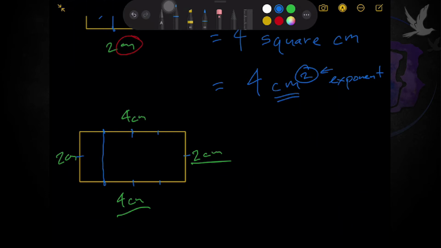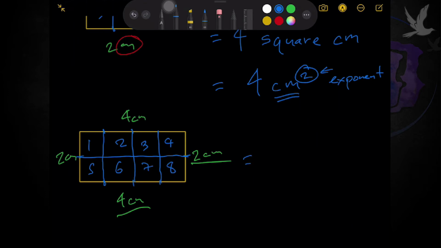Again, you are not supposed to do this. Okay, you're not supposed to do this. This is just an illustration to show you. Okay, kasi there really is a proper way. So how many square units do we have here? We have 1, 2, 3, 4, 5, 6, 7, 8.